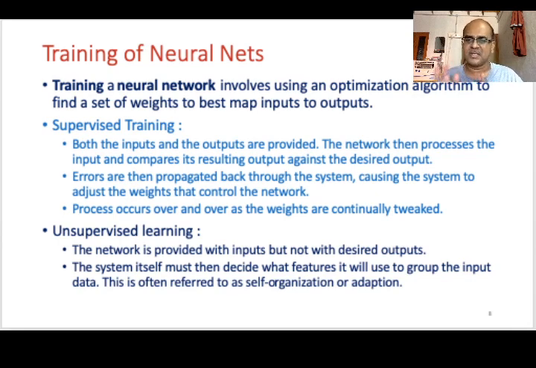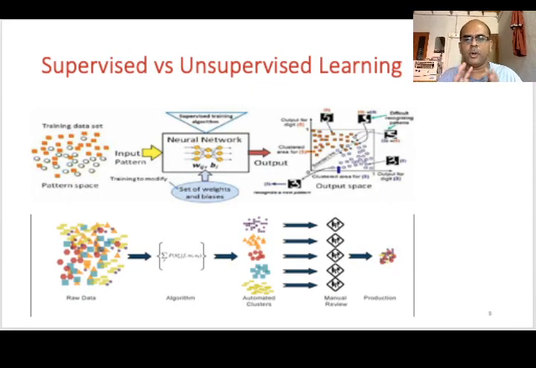And this is how a system will also learn. Obviously supervised training is easier and less complex than unsupervised training and learning. And this video basically shows you how supervised learning differs from unsupervised learning.